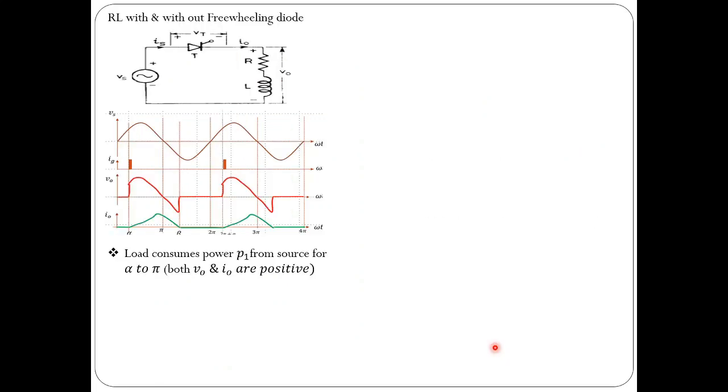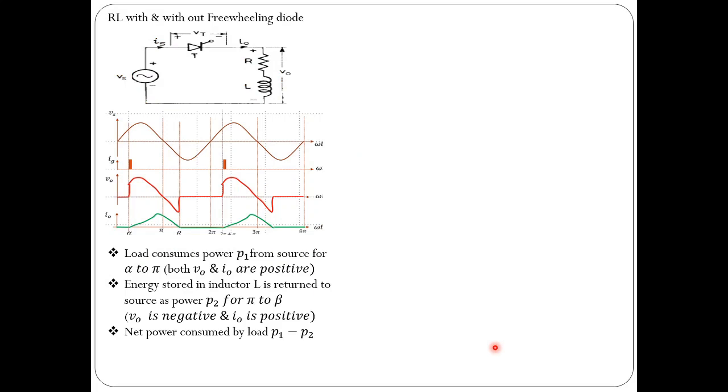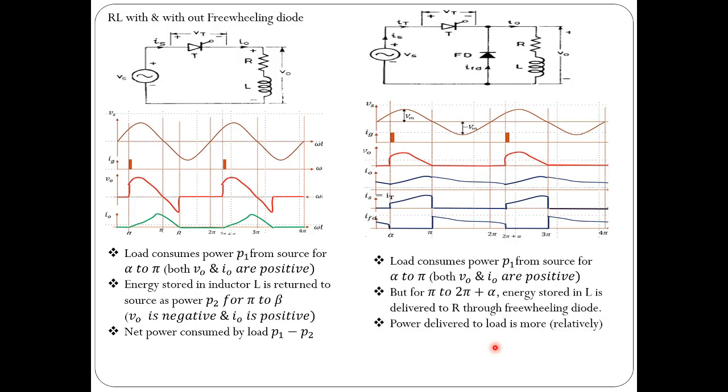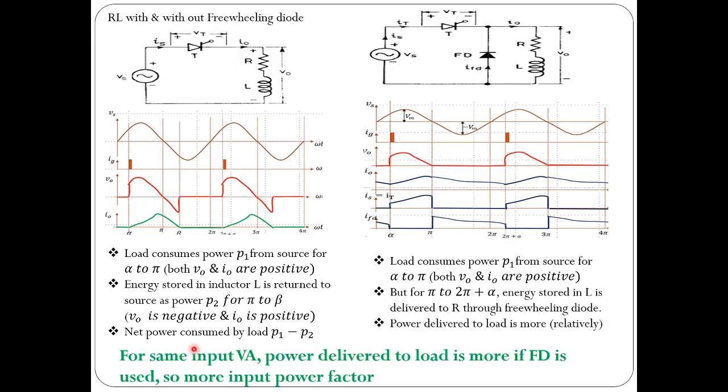Now let us compare the two cases, RL load with and without the freewheeling diode. You can see that the net power absorbed by the load in the freewheeling diode case is relatively more for the same input VA. So the input power factor is more, and the efficiency is also going to be more.